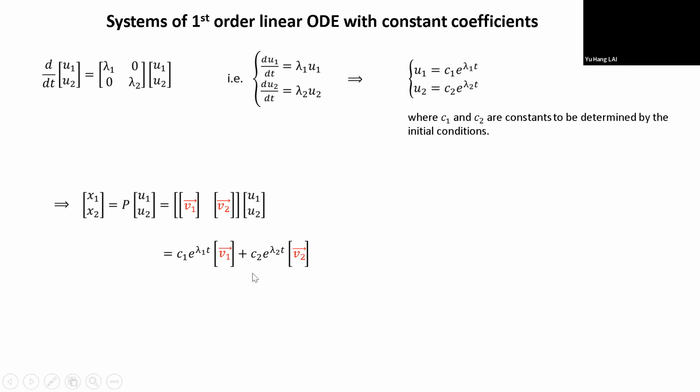Now you can immediately see the general solution of this system: the first eigenvector multiplied by this solution, where lambda 1 is of course the first eigenvalue, plus the second eigenvector multiplied by this second function, which is associated with the second eigenvalue.